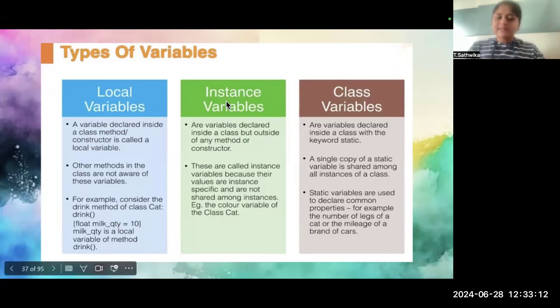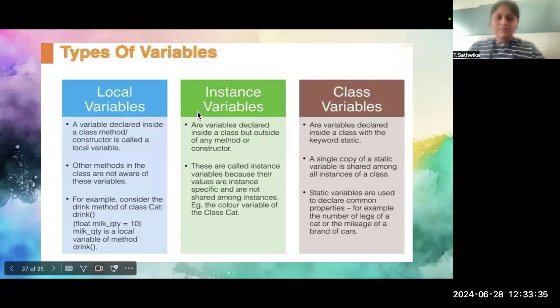Coming to instance variables, these are variables declared inside a class but outside of any method or constructor. They are called instance variables because their values are instance specific and are not shared among instances. Example: the color variable of the class cat.